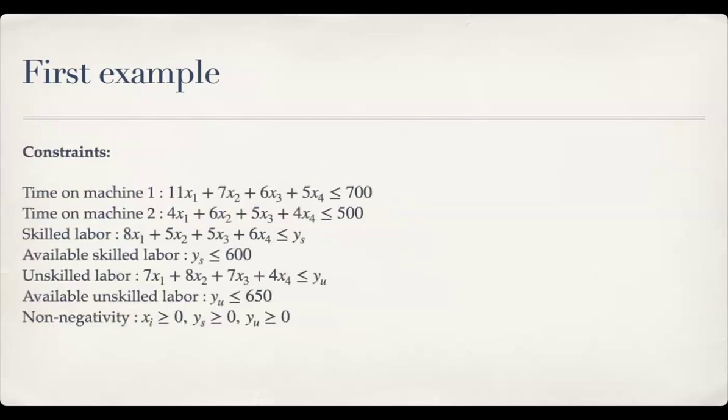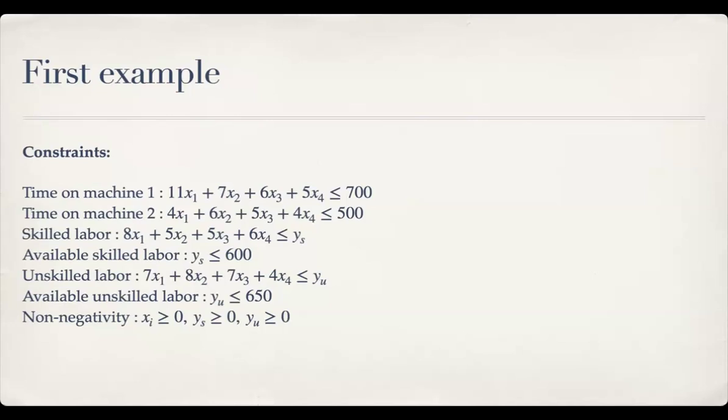Now we move to the constraints. What do we have? For the constraints, the first one is the capacity of time on machine 1. Each month, only 700 hours are available, right?